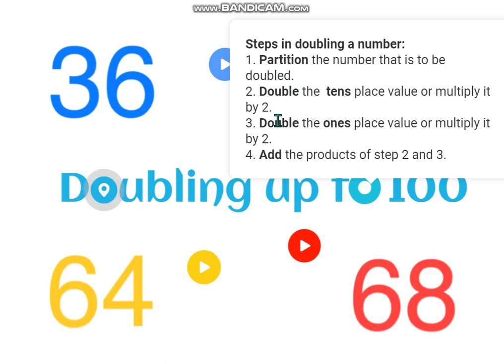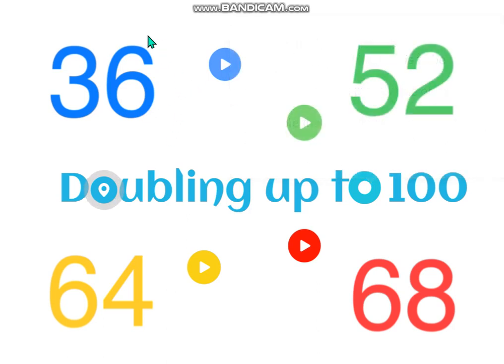It's just that in step number 2 we double the tens, and in step number 3 we double the ones. When we multiply, the answer is called the product. So for step 4, we add the product of steps 2 and 3. Right? So let's proceed to doubling our 36 here.